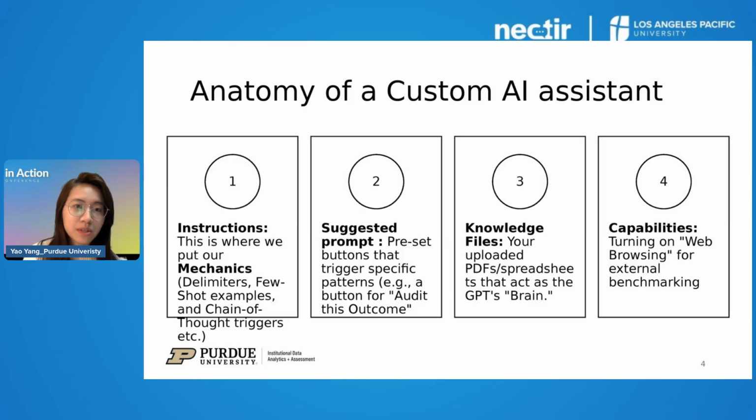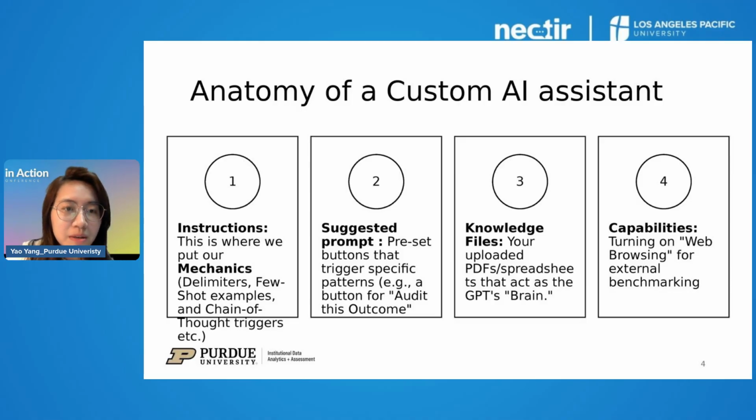For example, in my work, we just created a qualitative data analysis assistant. So I uploaded different scholarly articles about different coding frameworks, and also some reports we generated in the past. We feel like these can serve as good examples.